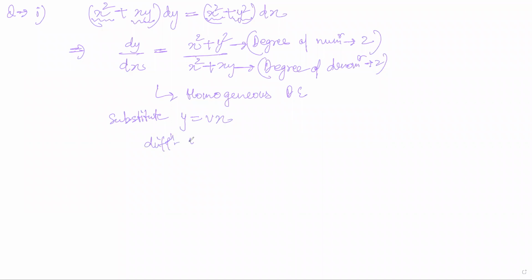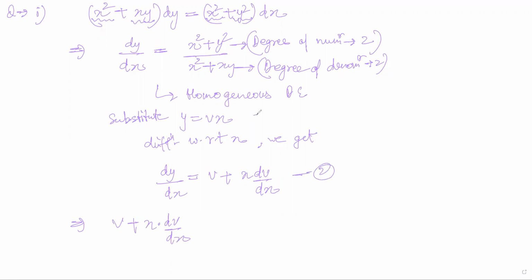differentiating with respect to x, we get dy by dx is equals to v plus x into dv by dx, right? Hence the given equation will become v plus x into dv by dx. In the place of dy by dx, we will use second equation.